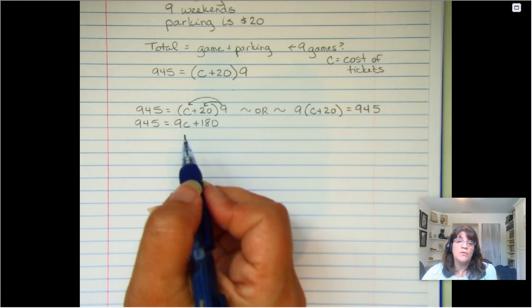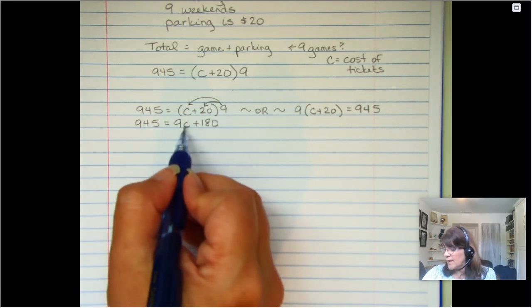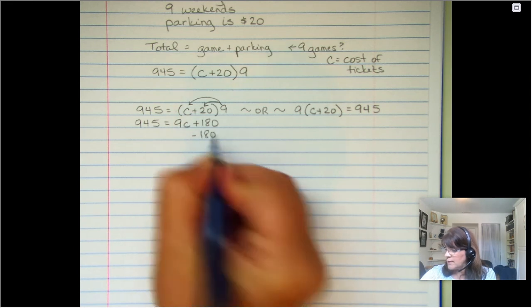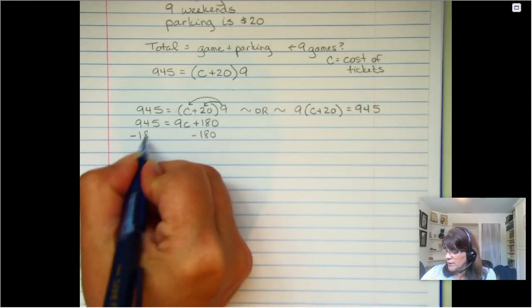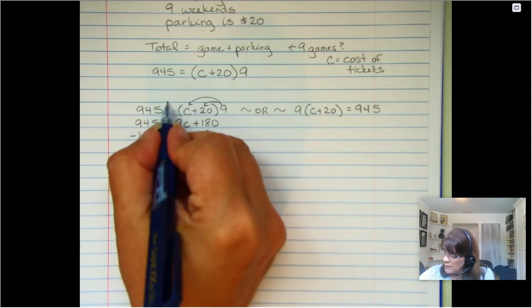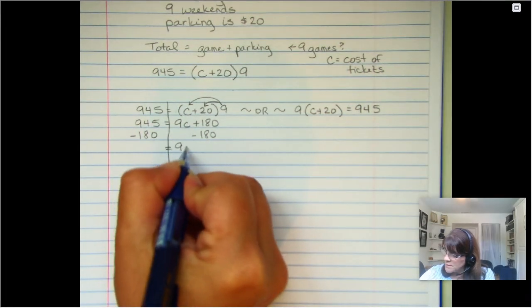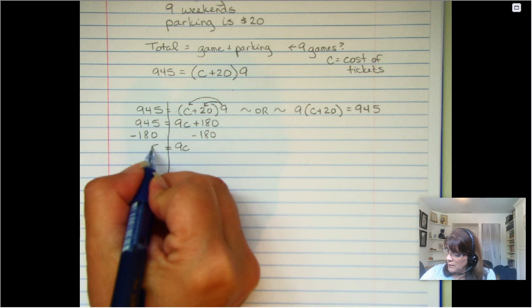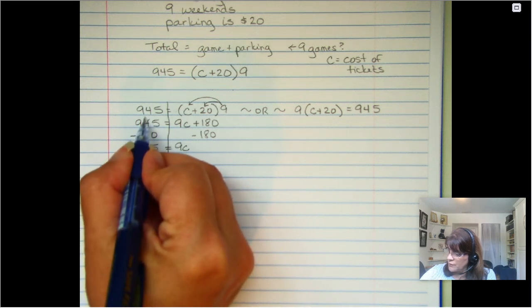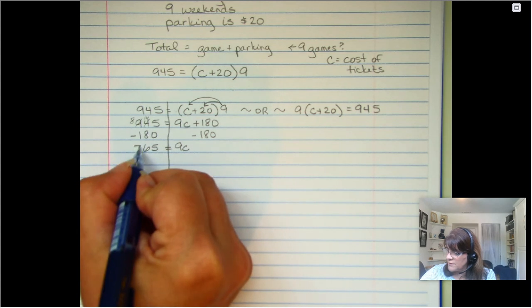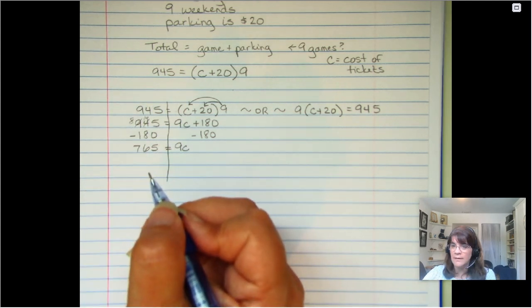Well, now I'm solving an equation, so my goal is to isolate the C. Subtract 180. Subtract 180. 9C is 765. Notice I don't do it any different than you do.